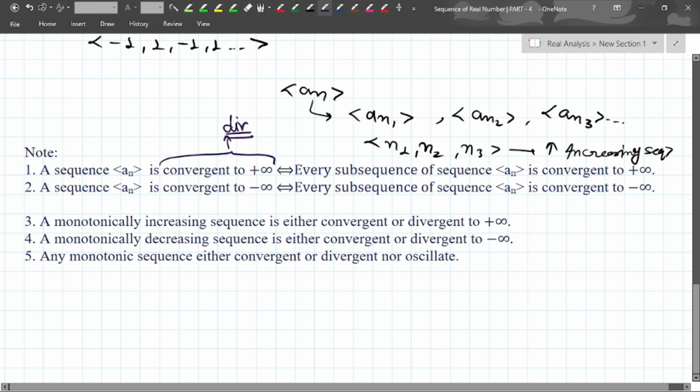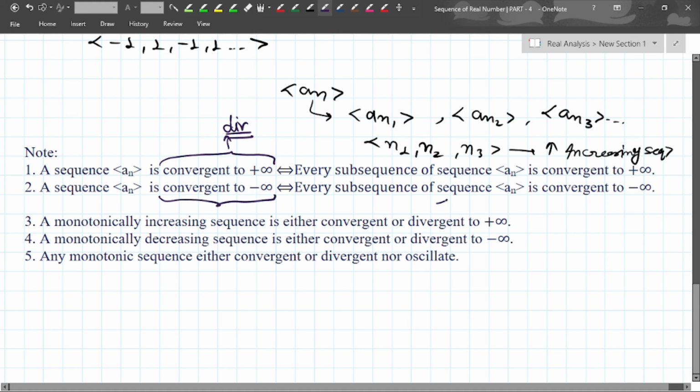The word convergent is not quite right here, we can use it for this whole term, but it means diverges. So if a sequence diverges to positive infinity, then every subsequence of it will also diverge to positive infinity. And the same result holds for minus infinity.